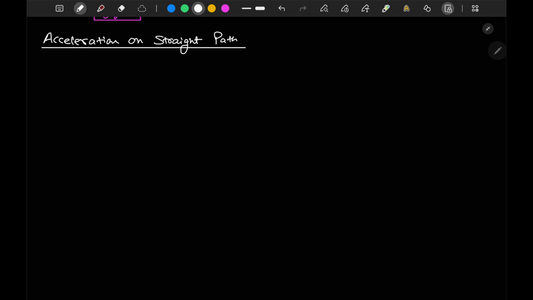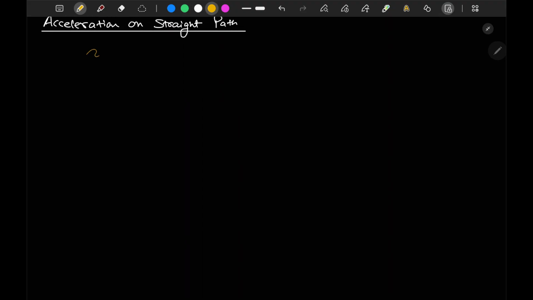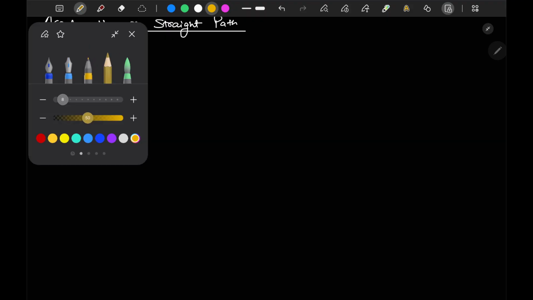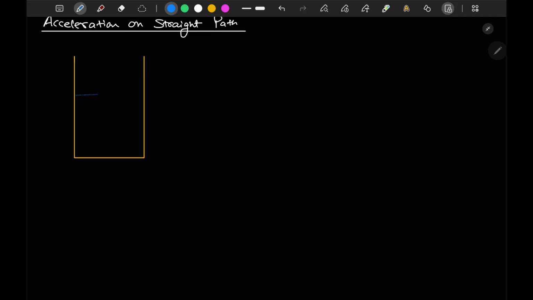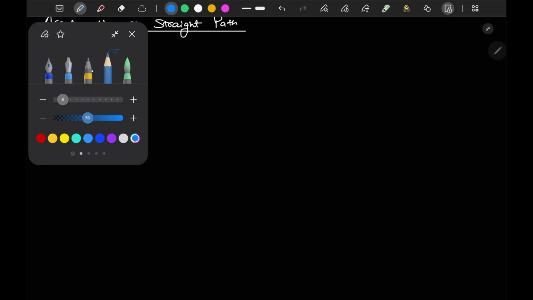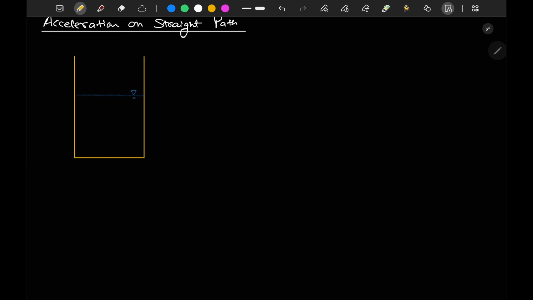Let's say that this here is your container, and this container originally has, let's say, a level of water or liquid, the initial liquid level. Now what is happening is that this particular container is accelerated, and let's say it is accelerated in this direction.